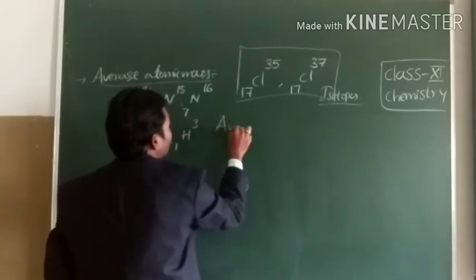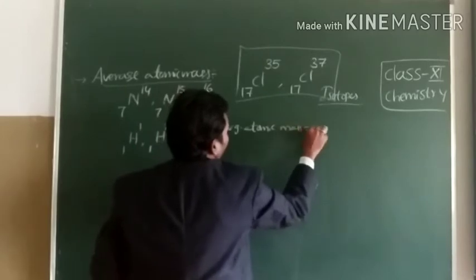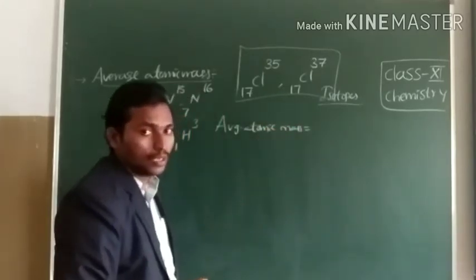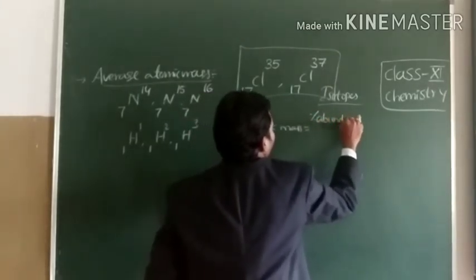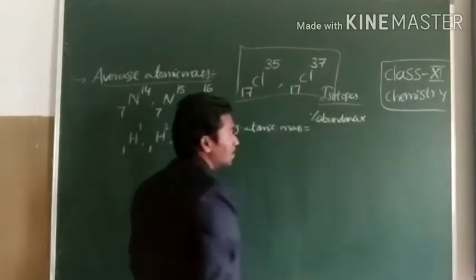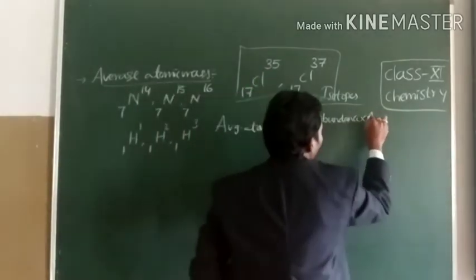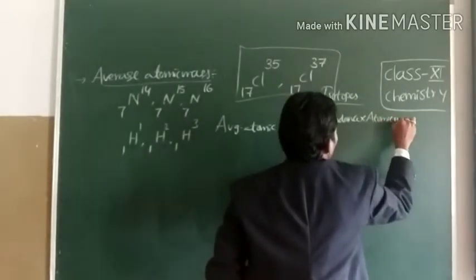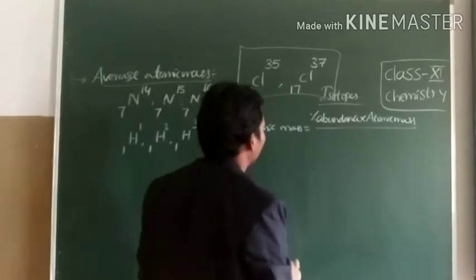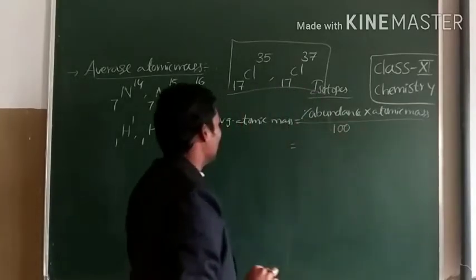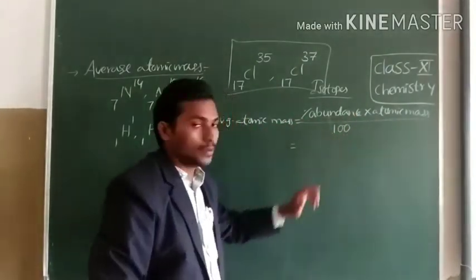Average atomic mass is equal to the sum of percentage abundance into atomic mass, divided by 100.